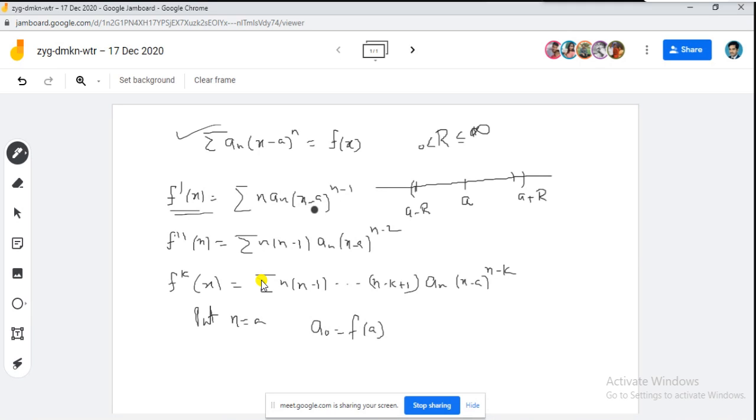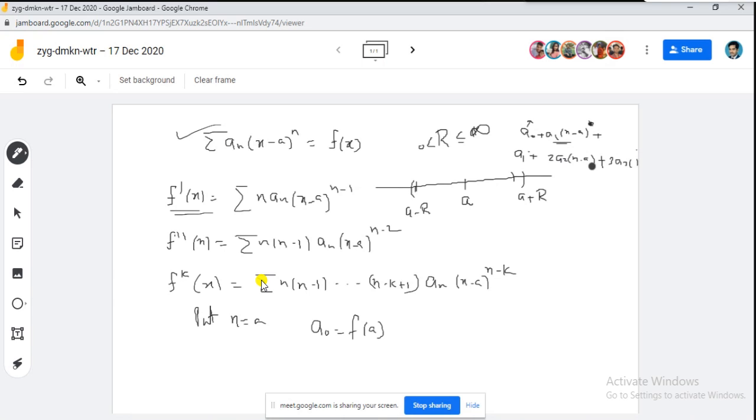Similarly, if you put x is equal to a in the second equation, all the terms become 0 except one term. What will that term be? When you expand the first series, it is a0 plus a1 (x minus a) to the power 1 plus a2 (x minus a) squared and so on. When you differentiate, a0 will be 0, and for the second term you will get a1 plus 2 a2 (x minus a) plus 3 a3 (x minus a) squared and so on.